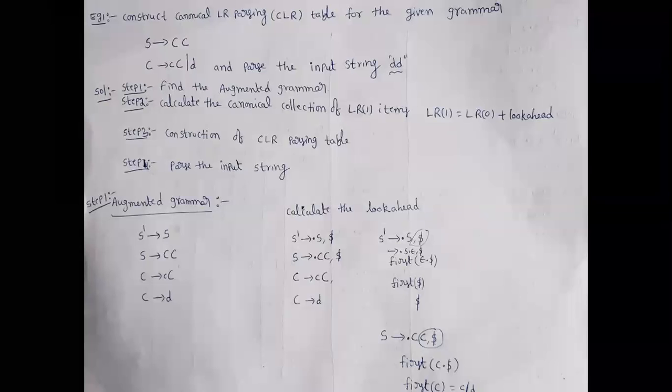Okay, here after the dot we have capital S, then add the production: S is production with dot C C, comma dollar. How to find this look ahead? We consider the production S dash is production with dot S, comma dollar.